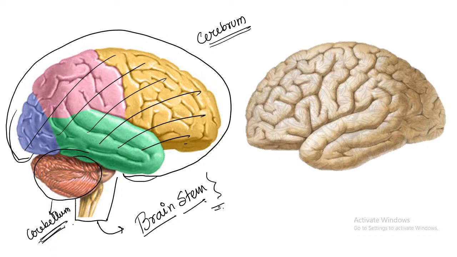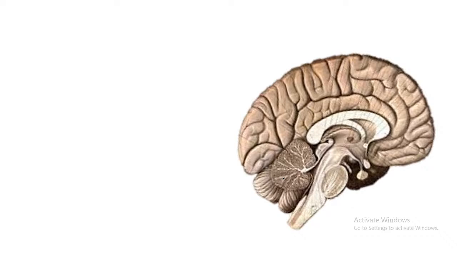But after that, if you have to go into the in-depth structures of the brain, you have to cut the brain in half and look into it. You have to cut the brain into a sagittal section. So how does it look? It's very simple.